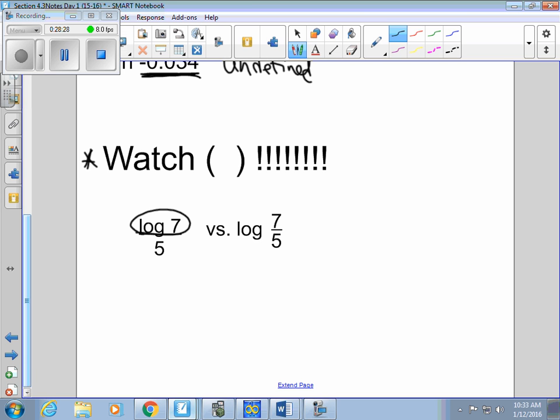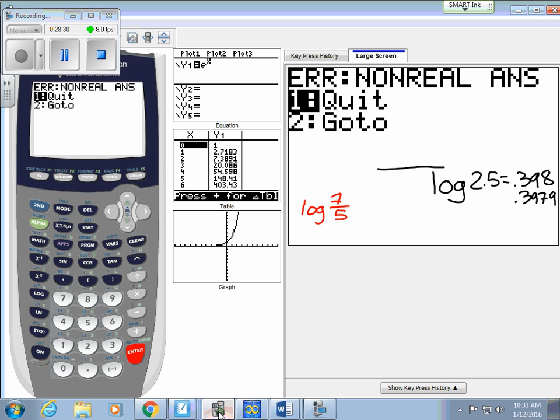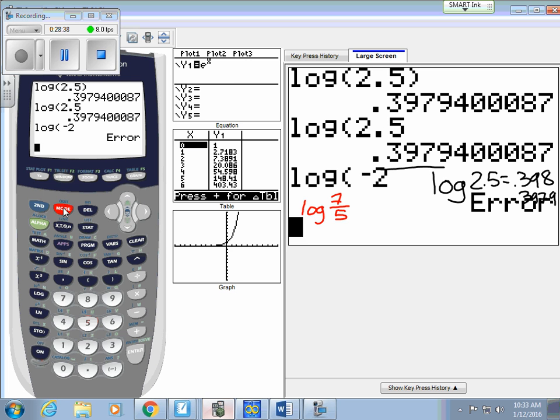If we go to put that into our calculator, if I put in log of 7 divide by 5, oops, let's clear out of there. If I go log of 7 divide by 5 and I didn't get out of my parentheses, it's still saying I'm taking the log of everything that's following and still in my parentheses.